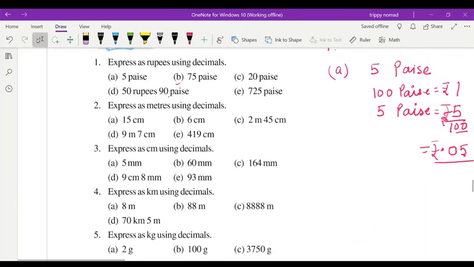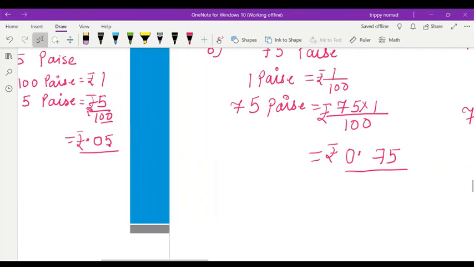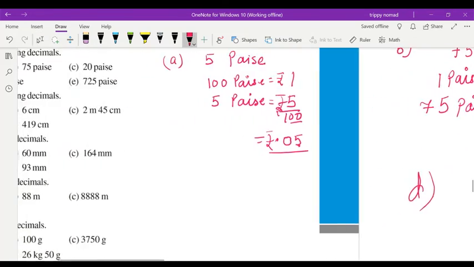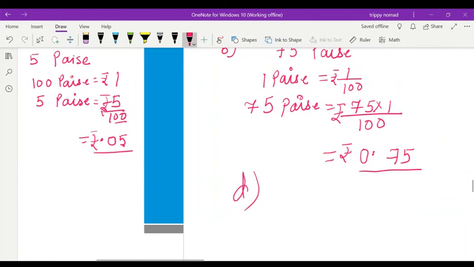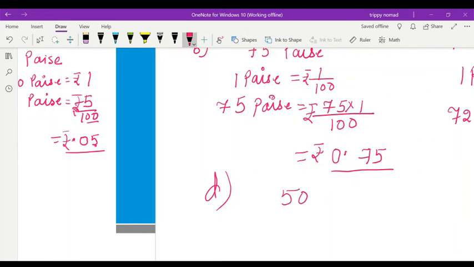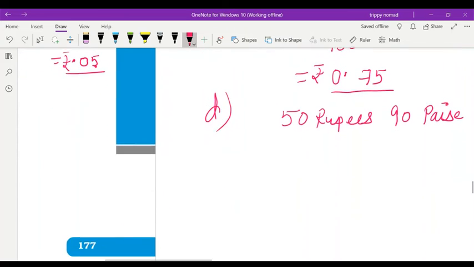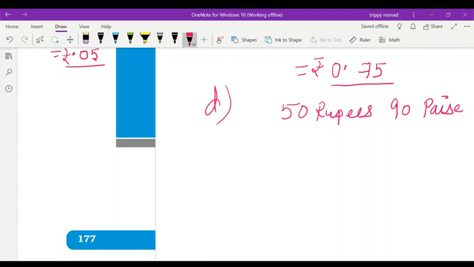D part, 50 rupees and 90 paisa. This is rupees and this is paisa.